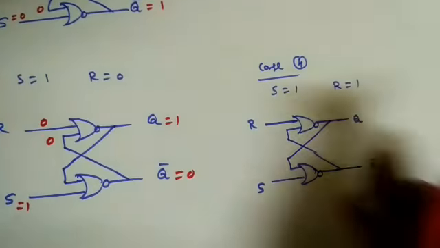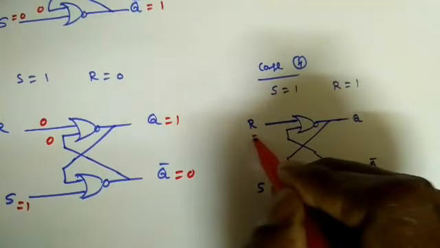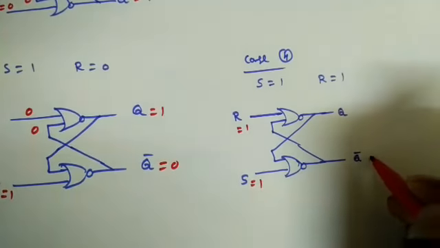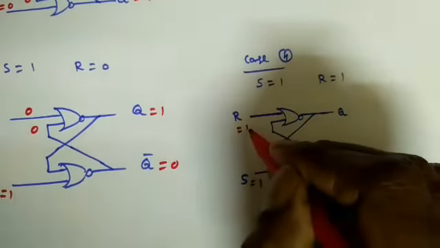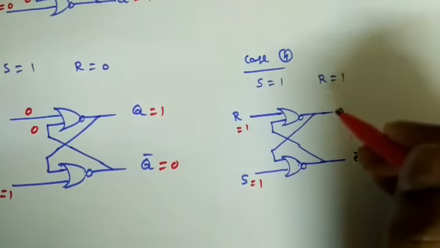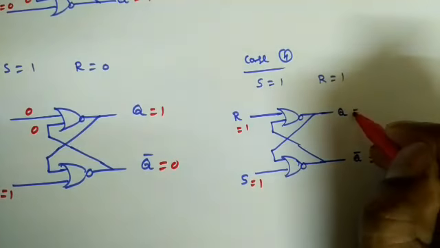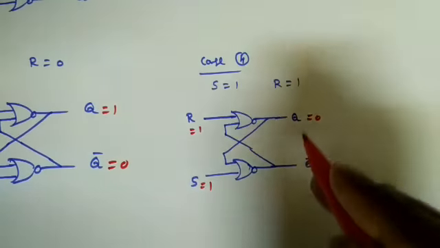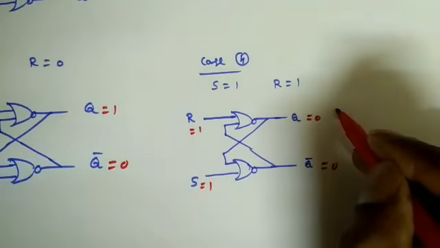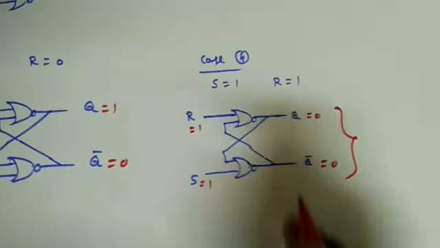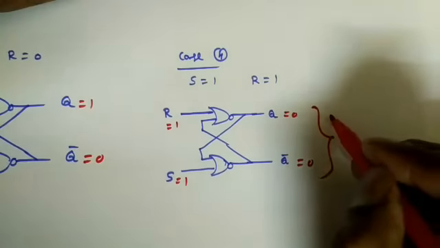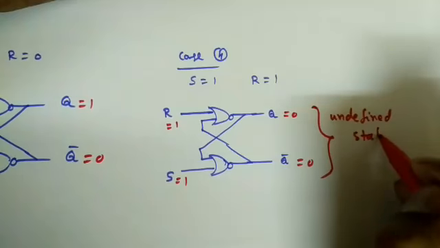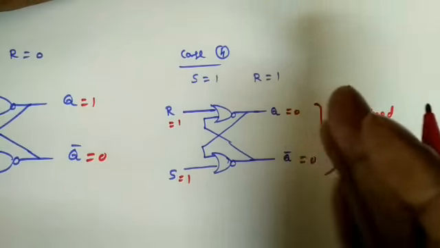Now the fourth case, S is equal to 1, R is equal to 1. If both are equal to 1, then 1 plus anything is 1, 1 bar means 0. And this is also 1 plus anything, 1 bar means 0. But I told you in the beginning, the outputs should be complement to each other. So this is called undefined state or metastable. That is, we cannot comment, right?